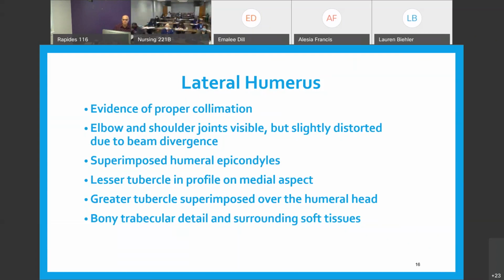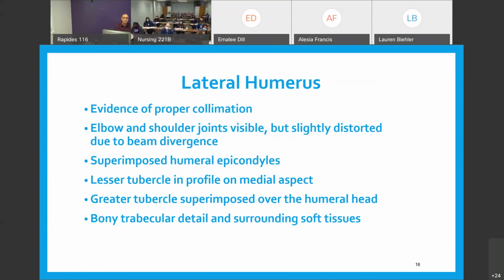The superimposition of the what? Yes. We don't have to go with the greater and lesser tubercle yet, even though it's mentioned, right, they're opposites on the lateral and the AP because of the placement of the hand. But you already know the epicondyles. So if you had two humeruses, you could tell me which one is which just by looking at the distal portion of the arm, which we call the what?